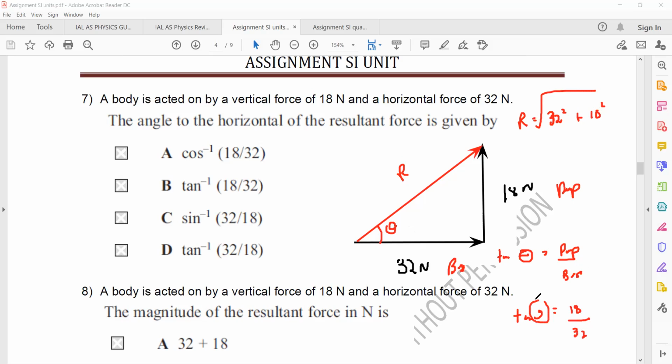But we need theta, so theta is tan inverse of 18 by 32. So what is the right answer? B is the right answer. Is it clear how we work out the angle if we know the horizontal and vertical components? Using a right angle triangle and Pythagoras theorem, we worked this out.